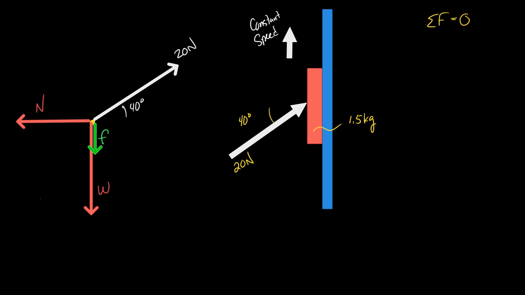Because this isn't accelerating, I don't have to force the direction to be in the direction of the acceleration. I can decide on one in which as many of the forces as possible are lined up with my coordinate system. So I'm thinking something like that as a coordinate system. I'll identify this as the positive x direction. This is the positive y direction, and so on and so forth.